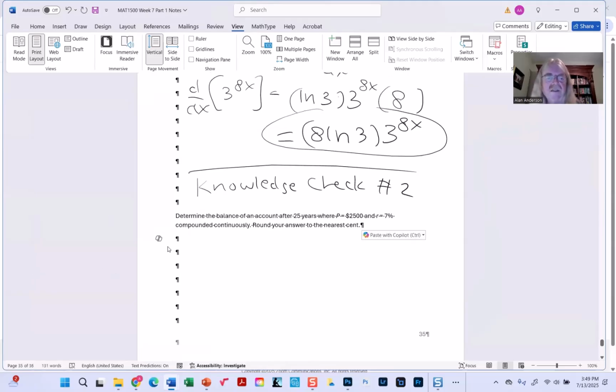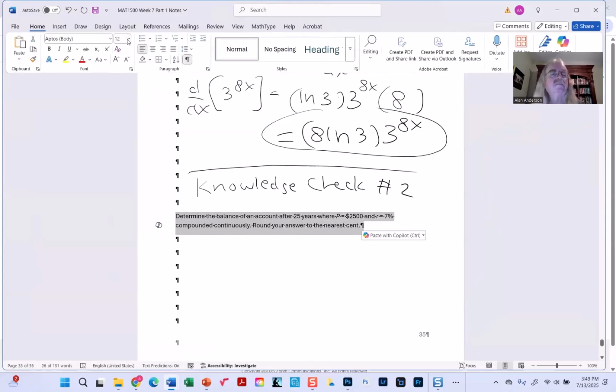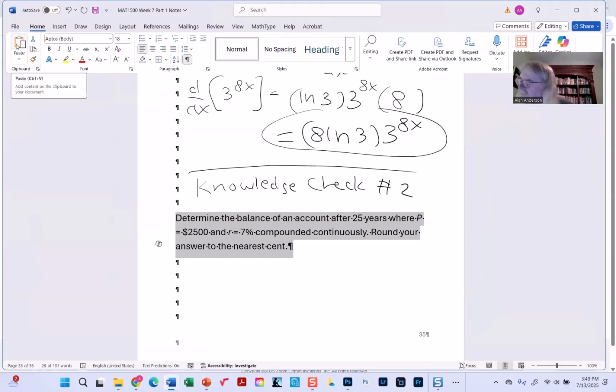So they're telling us that we have 25 years. Initial deposit is 2,500, r is 0.07.